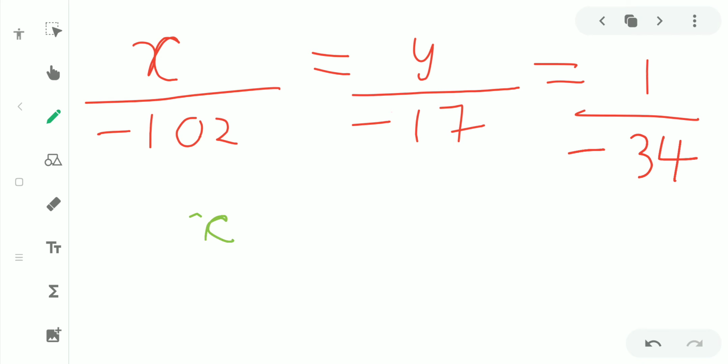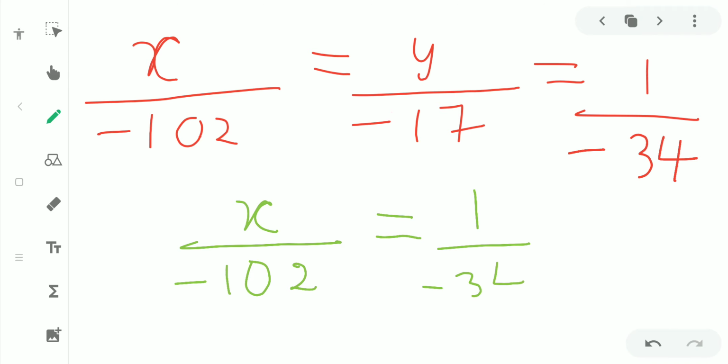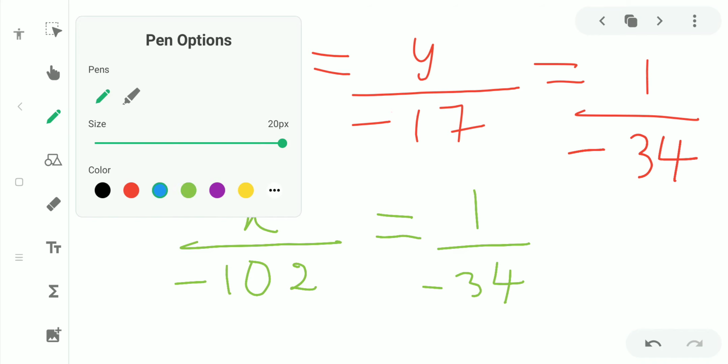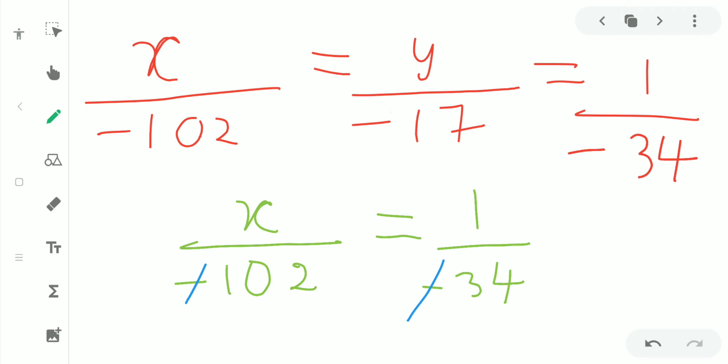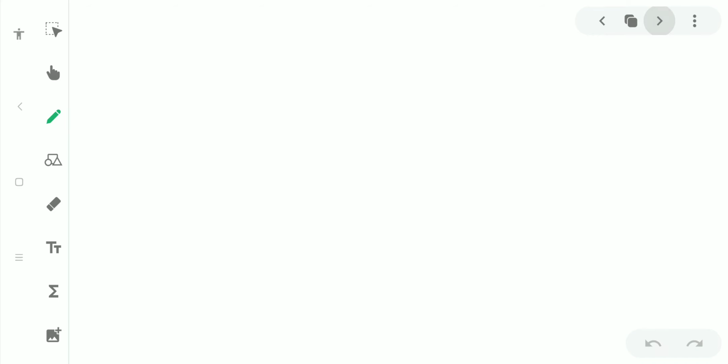X by minus 102, which is equal to 1 by minus 34, where minus minus gets cancelled. 34 ones are, 34 threes are, which is equal, this implies x is equal to 3. Our x is equal to 3.